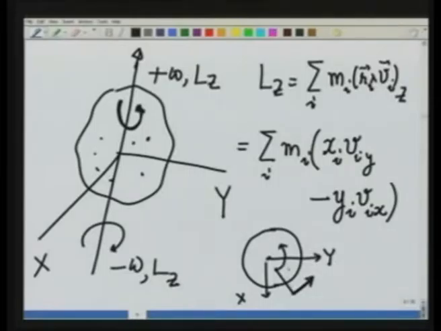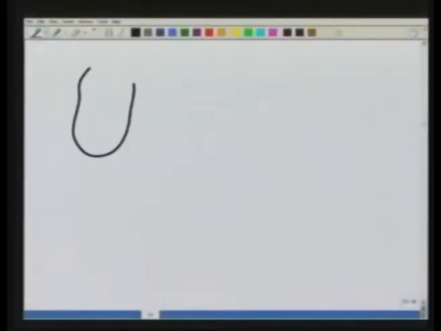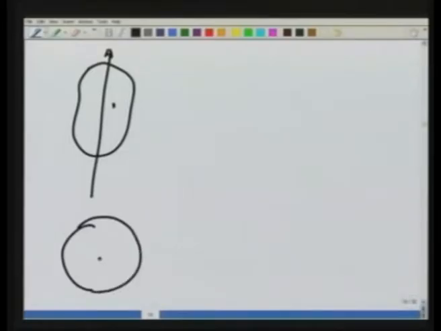Recall your planar polar coordinates, and r is obviously in the r direction. The magnitude of the velocity, let me make the figure again. This is the rigid body rotating, this is point i, really moving in a circle like this, with the magnitude of the velocity being r omega, where r is this distance.